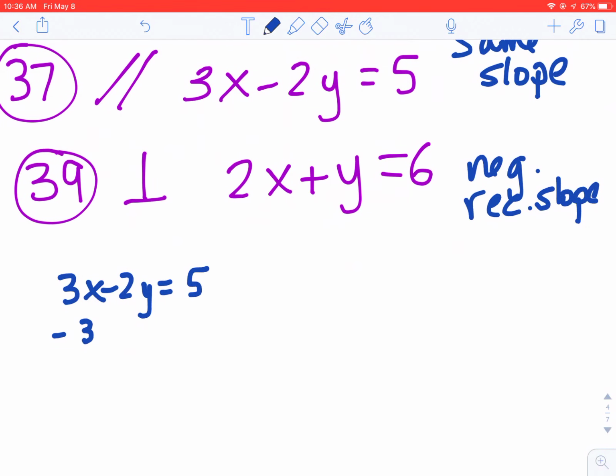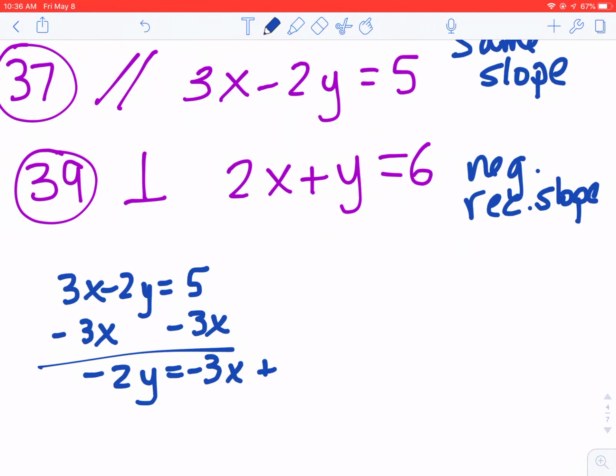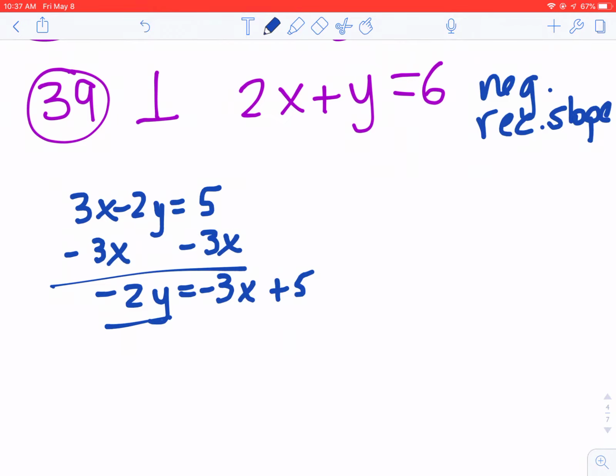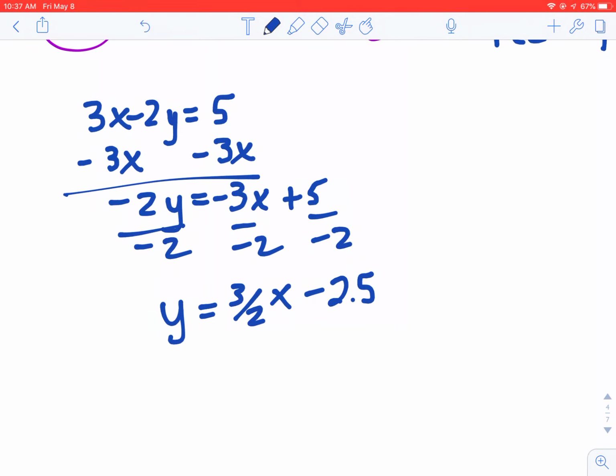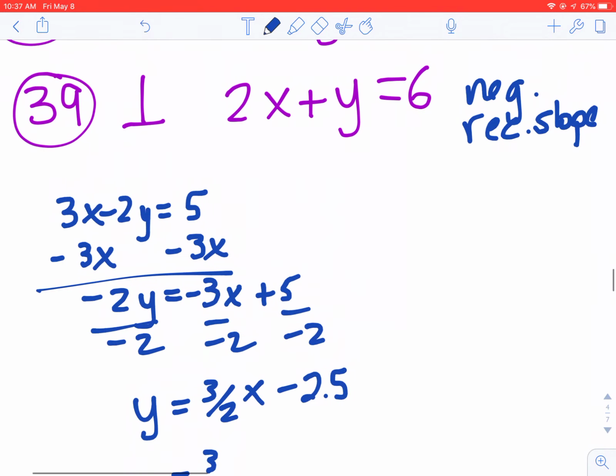So I'll subtract 3x, subtract 3x. I get negative 2y equals negative 3x plus 5. Divide by negative 2. Divide everybody by negative 2. So y equals 3/2 x minus 2.5. And I'm writing more decimals because that's how it'll look on Blackboard, because fractions are icky. Anyway, the slope that's parallel is going to be the same as this, which is 3/2.